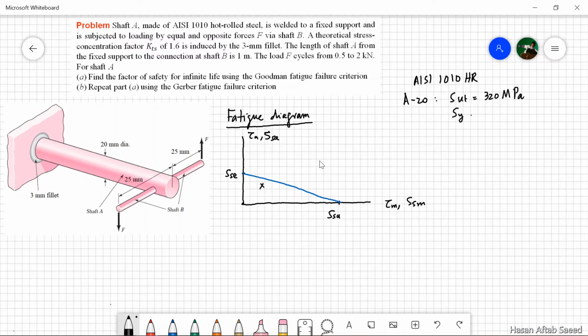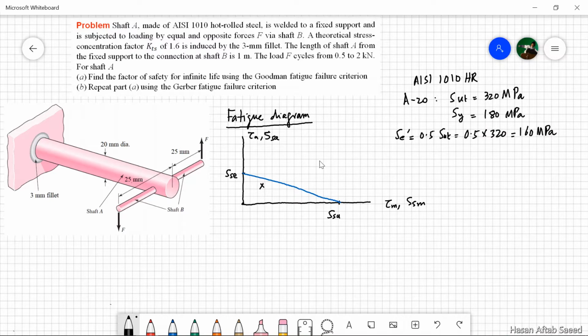And yield strength, these are the normal stresses. You cannot use them directly, but this is the starting point. And this is very usual practice for you. It's 180 MPa. SE prime, again, very familiar process for you: 0.5 into SUT, which is 0.5 into 320, turns out to be 160 MPa.